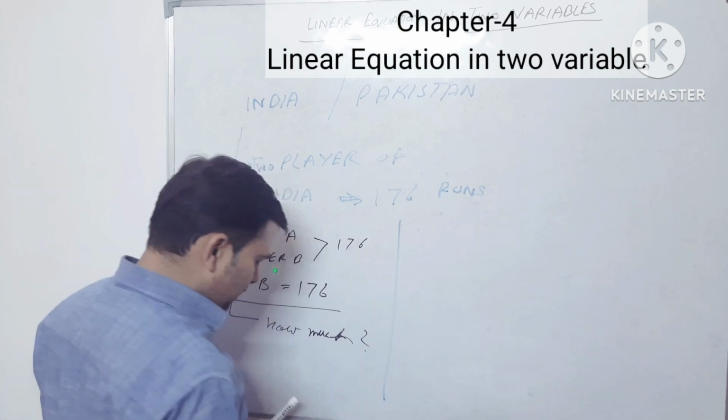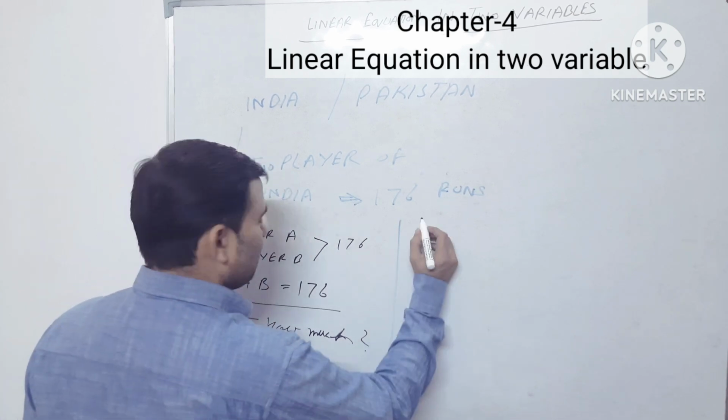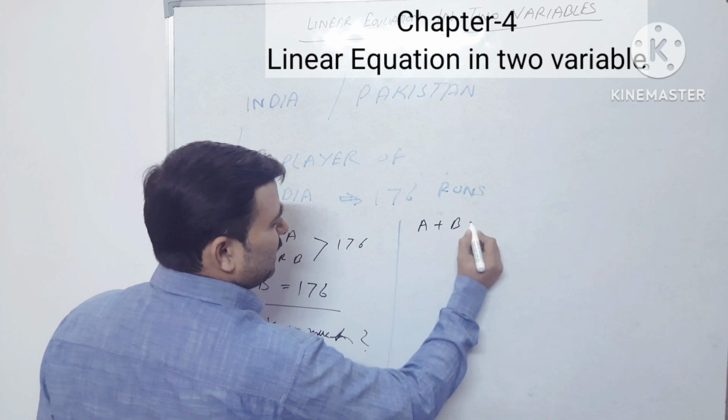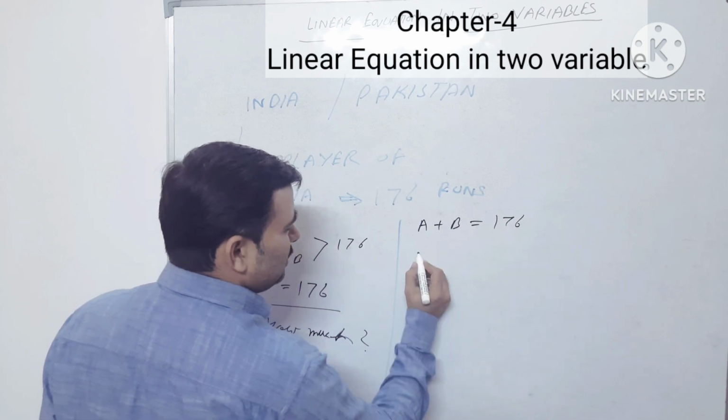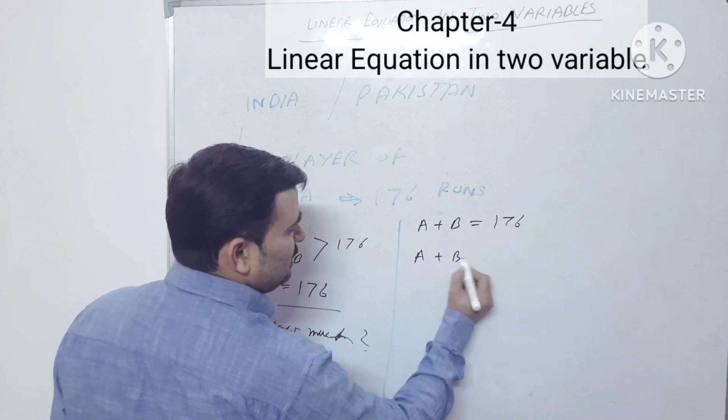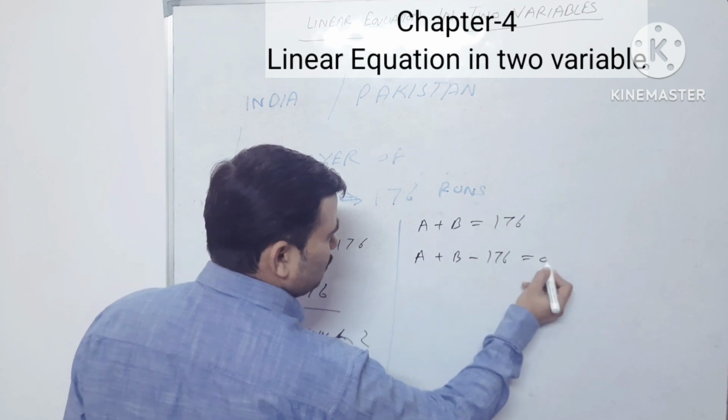So it can also be written as A plus B minus 176 is equal to 0.